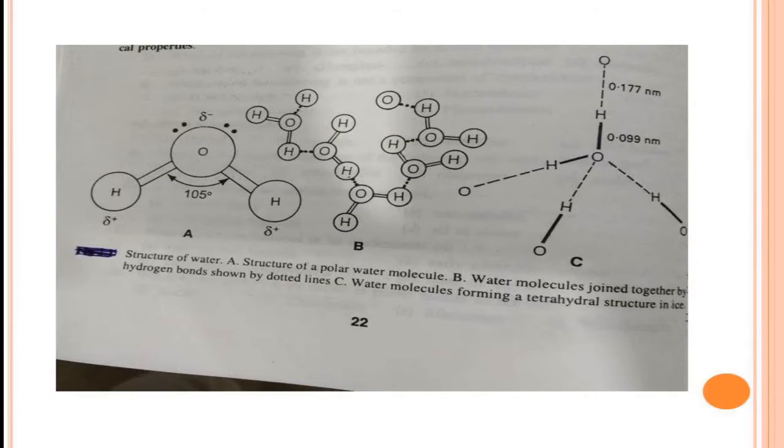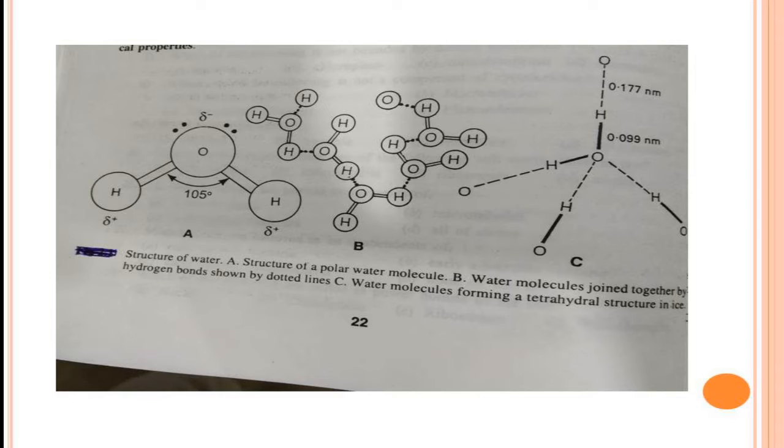See, this is the structure of water. Here the oxygen atom has a partial negative charge, and the two hydrogen atoms are separated by 105 degrees, and each hydrogen atom carries a partial positive charge.